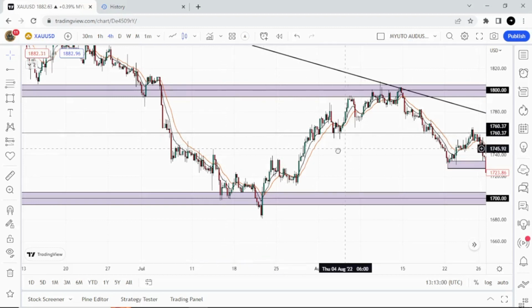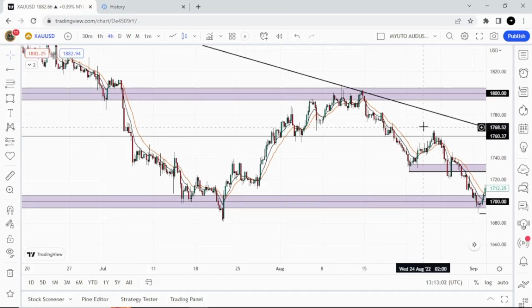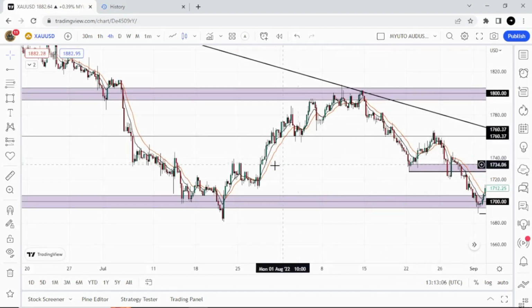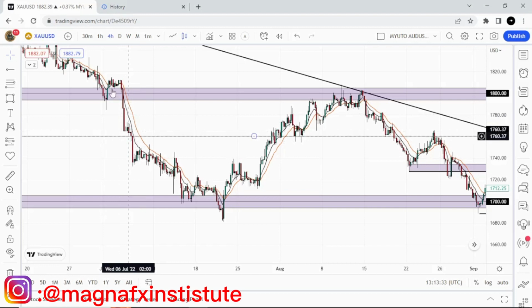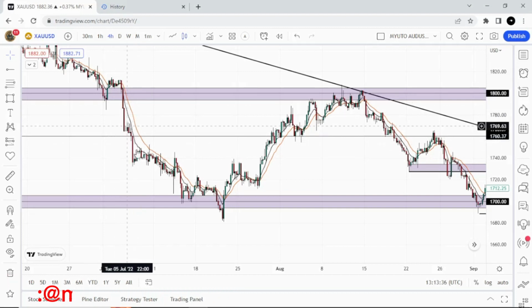This is a significant level. We have one bounce here, we have one other here, we have another reaction here. So price broke this significant level, 1760. Price came to 1760, broke through 1760, but failed to come back and retest 1760.